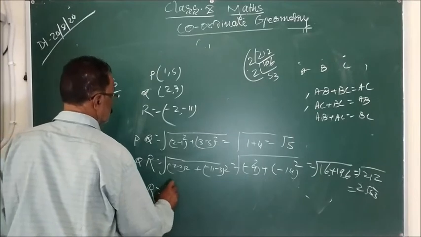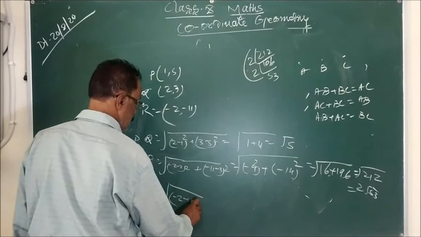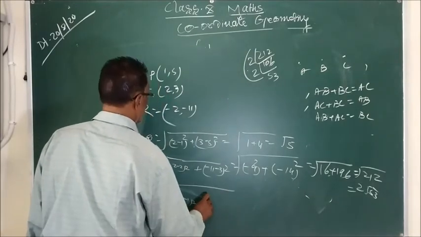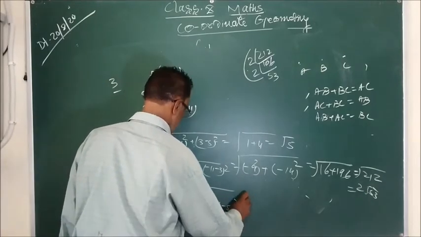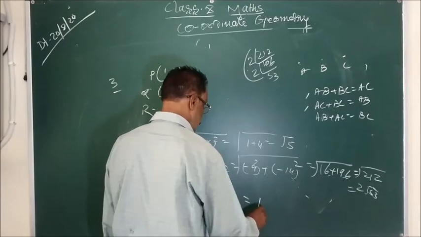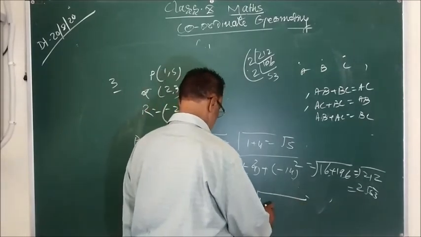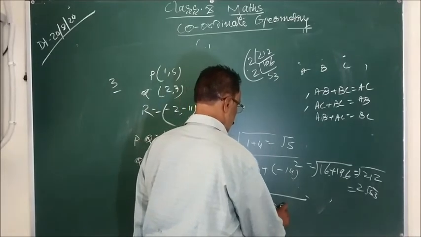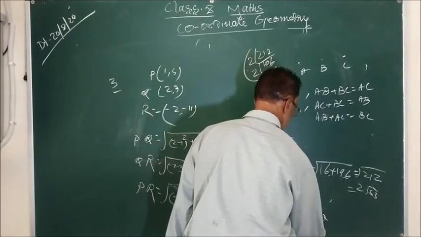And now you find PR. PR is equal to minus 2 minus 1 whole square plus minus 11 minus 5 whole square, that is minus 3 whole square plus minus 16 whole square, 9 plus 256, root 265.